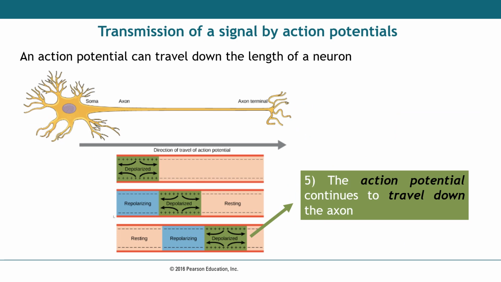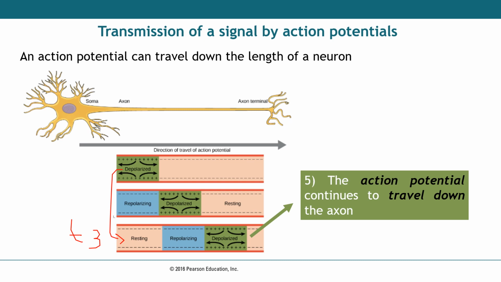So here, in addition to time 1 and time 2, you have a time 3, and again, multiple things can be happening at the same time in one axon. Now look, the one close to the soma that was depolarized is now in a different stage, now it's in a resting stage.